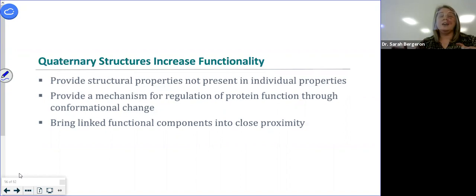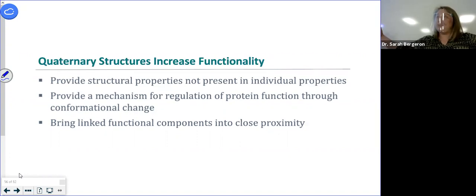So if we add subunits that can be phosphorylated and dephosphorylated, now not only do we have a functional protein, but we have a functional protein that can then be regulated. So it gives us a lot more ability to control our proteins inside of our cells. A lot of times too, you can have a multi-subunit complex, right?